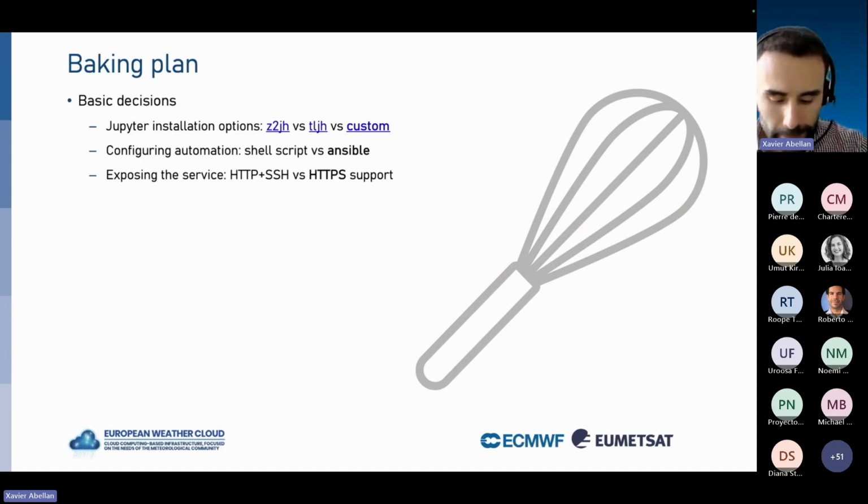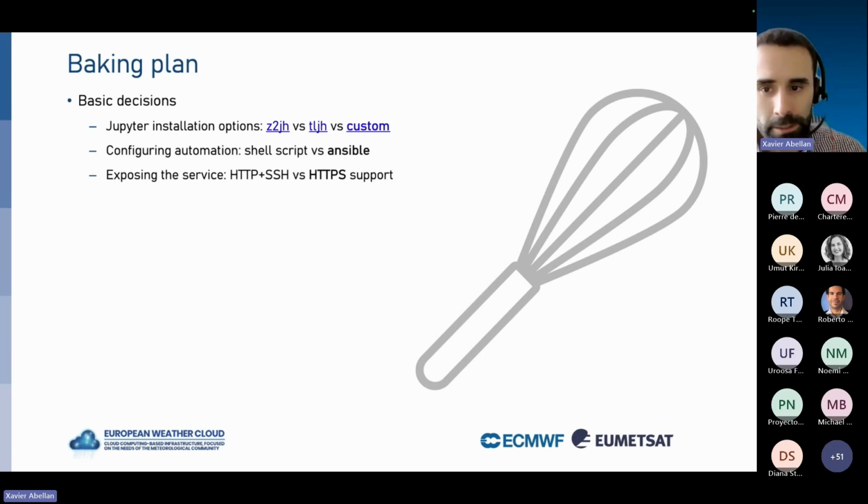So, baking plan. We've gone through some of the ingredients, but we also have to make some decisions here. We said we want to install a Jupyter environment on the European Weather Cloud to access our data sources. So the first decision is how to install Jupyter itself. There are many ways of doing the same thing, especially on the cloud.